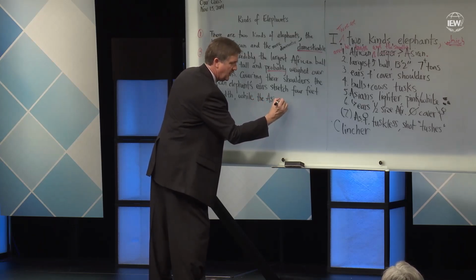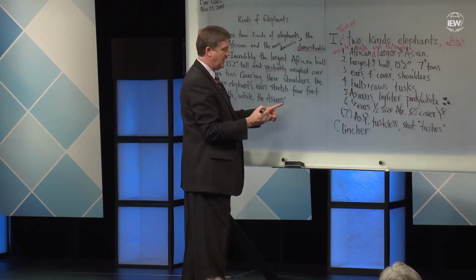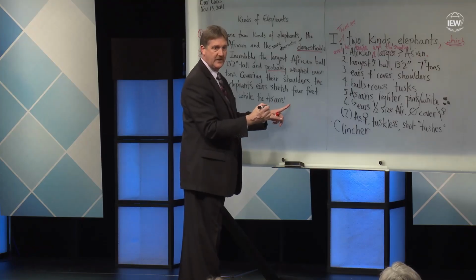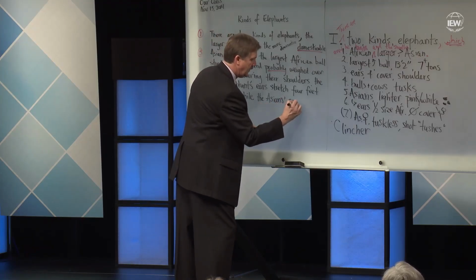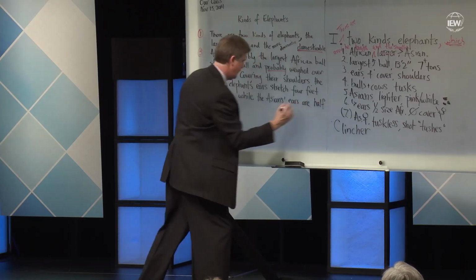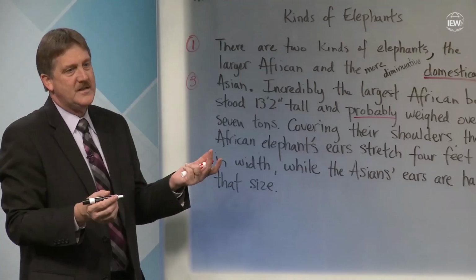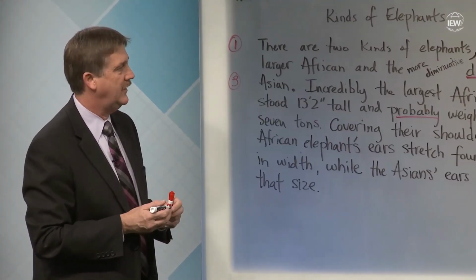Okay. We could probably just go Asians, plural, and ears without saying elephants again, do you think? Asians' ears are half that size. I don't know if you need to add, and do not cover their shoulders, but that's a long sentence the way it is. Yeah, plus if they're half that size, probably don't, so yeah.